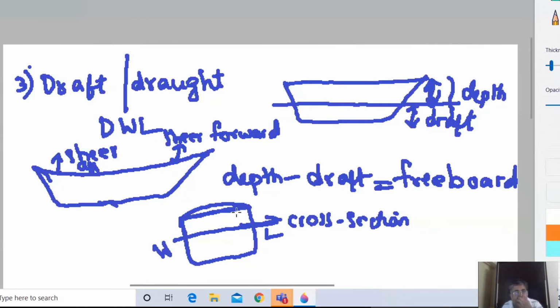The reason for that, if you think a little bit, you can tell me: what would be a reason to make a deck slightly curved like this? Just think. It's a very simple reason. You can think logically.